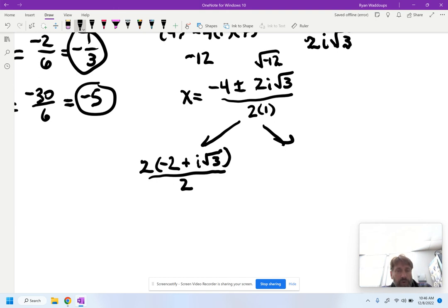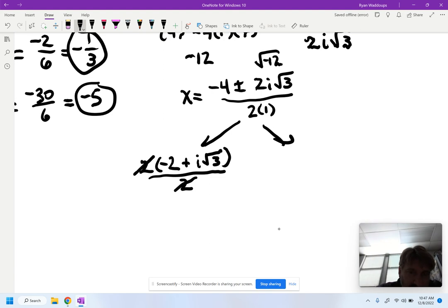And I factored that 2 out because now I can say, hey, those can be simplified. 2 divided by 2 is 1. The 2 that I factored out, if I multiply it out, you could see that it gives me the original. 2 times negative 2 is negative 4, and 2 times i rad 3 is 2i rad 3.